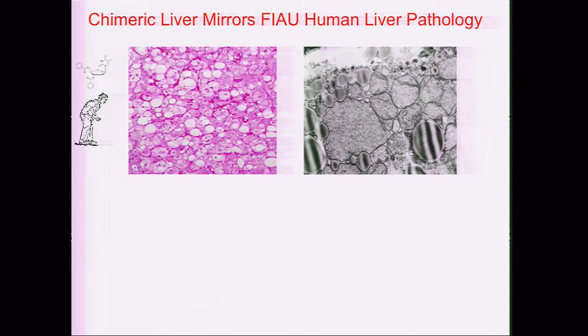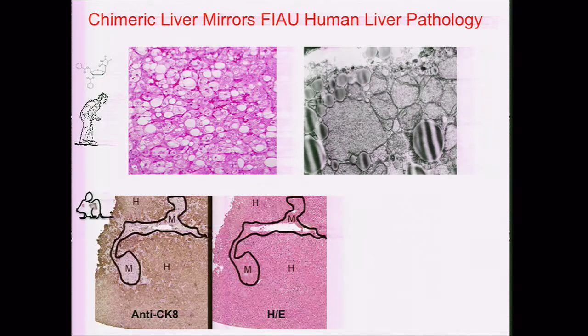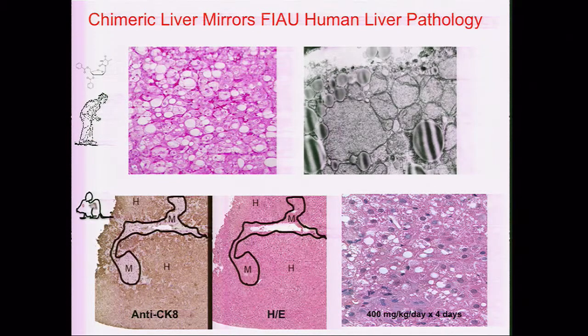And the other thing that's interesting, let's see if I'll show it more. So here's our humanized mouse liver, and you can see visually where the mouse is, and you can see it with a human antibody. And when you look at the tissue right in the humanized area, you can see we're getting the same pathology as occurred in the humans. Those are fat droplets. We've done a lot of staining.